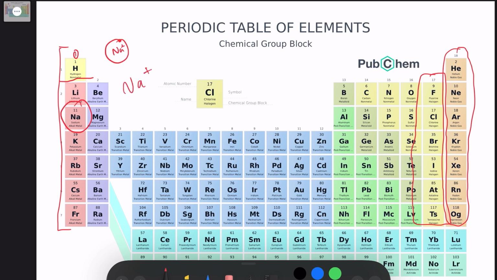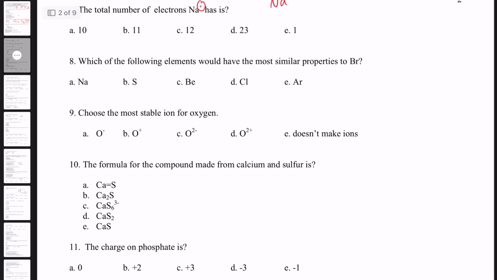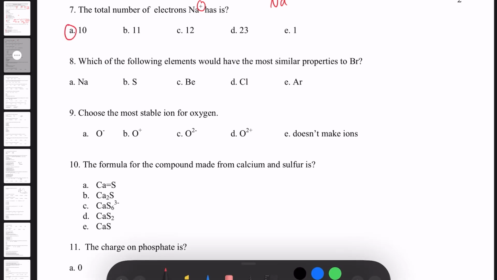Sodium +1 has 10 electrons. Why is that? Usually it has 11 electrons, we can tell from the atomic number, but because it gave away 1, as the positive sign shows, it has 10 electrons now. So we can go back to our question, and our answer is 10.